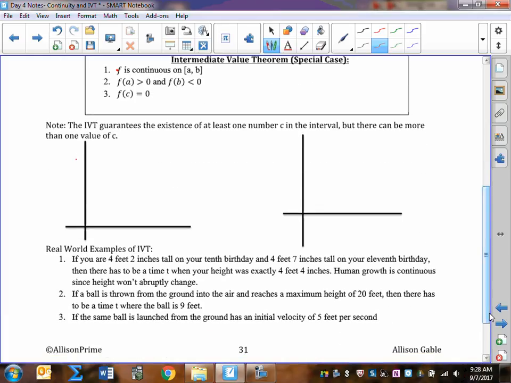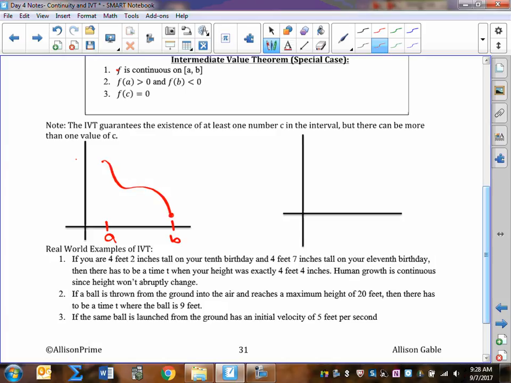All right, so again, f is continuous on the closed interval a to b. So let's plop down an a and plop down a b. All right, and our endpoints cannot have the same y value. So let's just go ahead and draw a continuous function. Something like this.